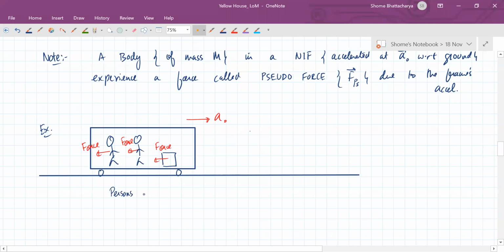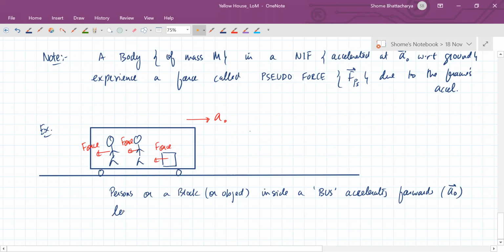Persons or a block or object inside a bus accelerating forwards tend to experience a backward force, or they are jerked backwards.